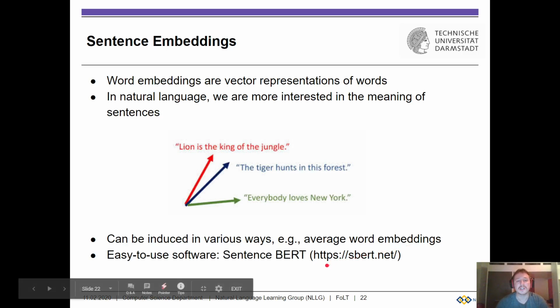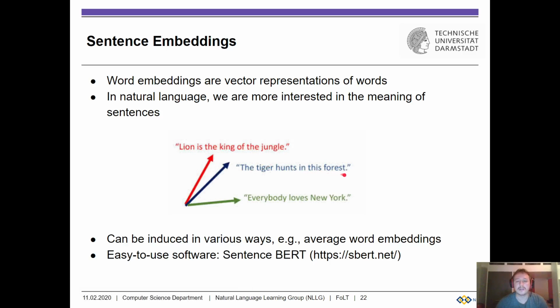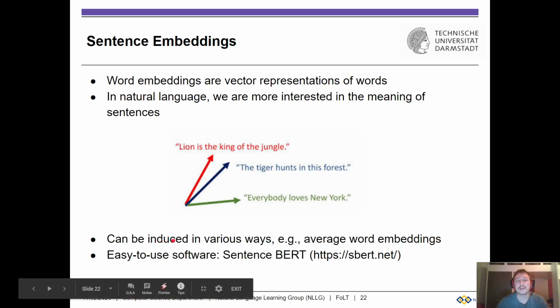So we would actually want to know how similar is the sentence "lion is the king of the jungle" to "the tiger hunts in the forest" or to "everybody loves New York," right? So this is actually from a higher linguistic viewpoint what we're interested in, and also from an application point of view. So then we have to induce sentence embeddings.